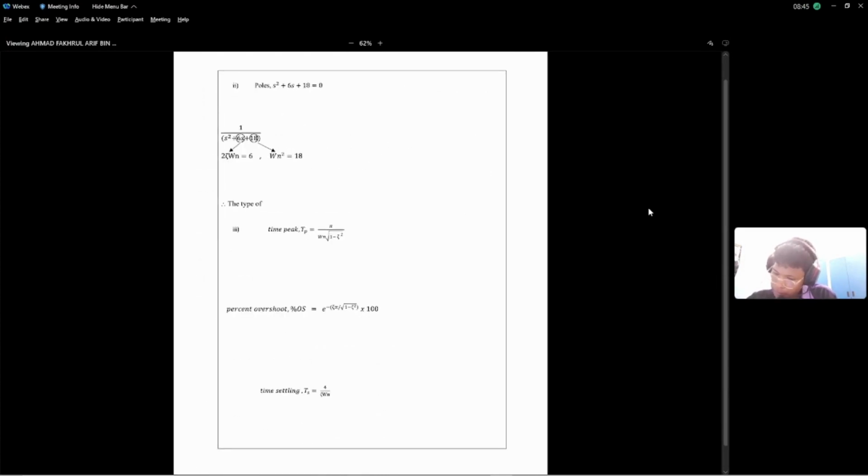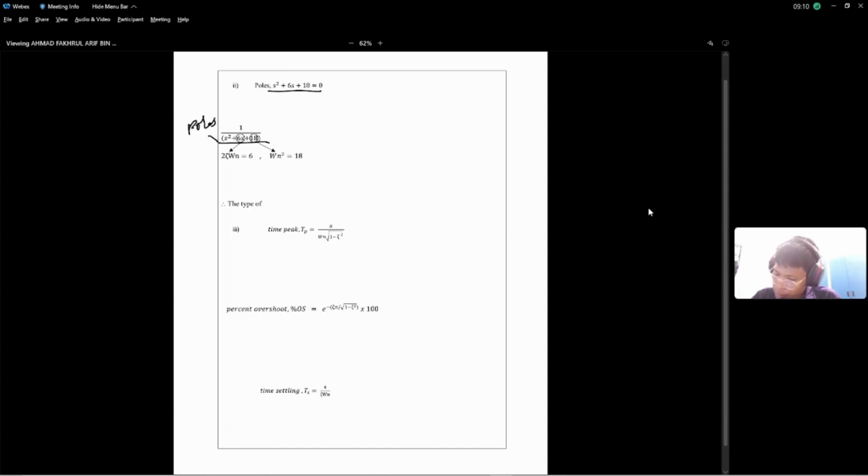Next question. So how to find poles? Poles we can find by using the denominator from the equation. This is the denominator. We use this one to find the poles.